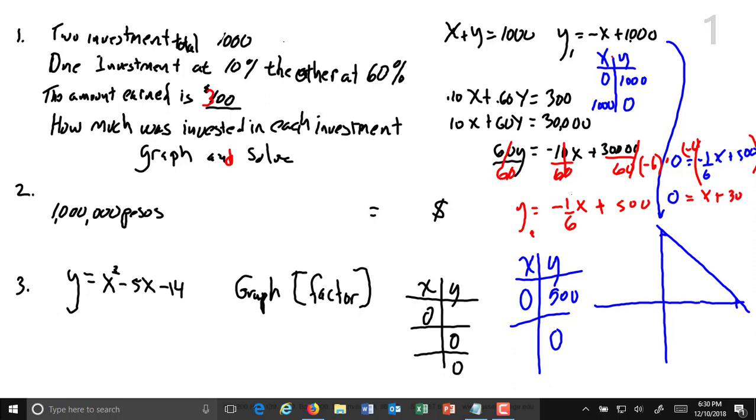Do you see that that's equal to 3,000? Yes, it was minus 6. So I can solve for x now. x is equal to 3,000.